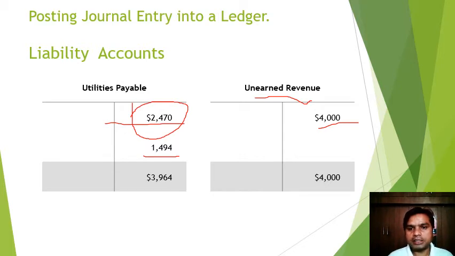That's why this is known as unearned revenue, and it is a liability for the company till we give the service. So we have written the same amount as a liability in unearned revenue.